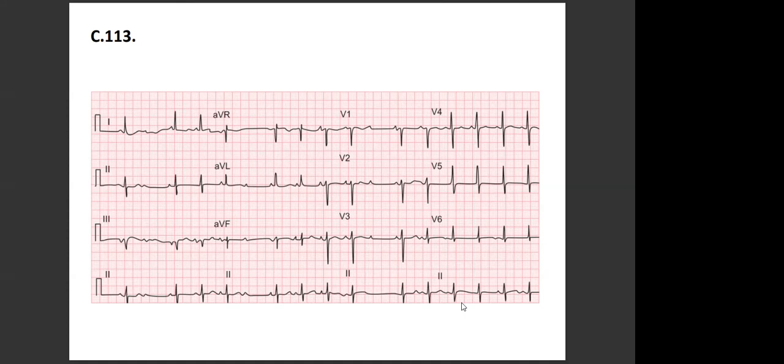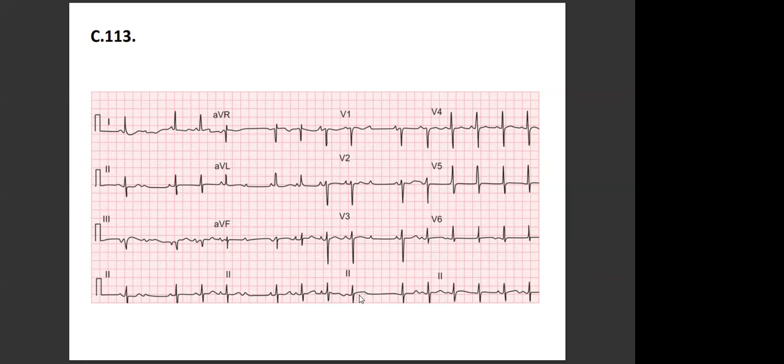Yes. And then I can see that in lead 2, the last one shows the dropped P, like a dropped beat. The dropped RR interval is twice as much as the last RR interval.